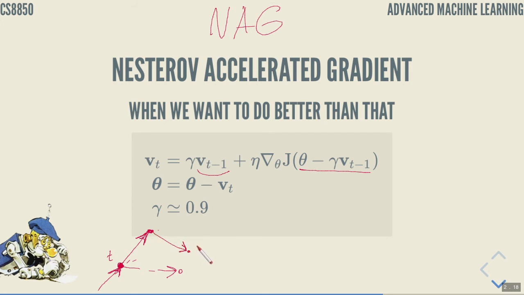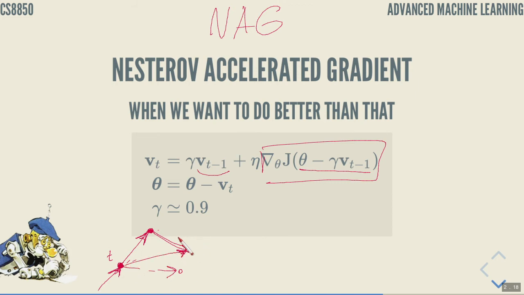And then we're saying, well, okay, we computed the gradient at a point that we would have ended up if we continued our inertia. And we're saying, okay, let's go somewhere in between where that gradient is telling us and where the momentum gradient is telling us to go.